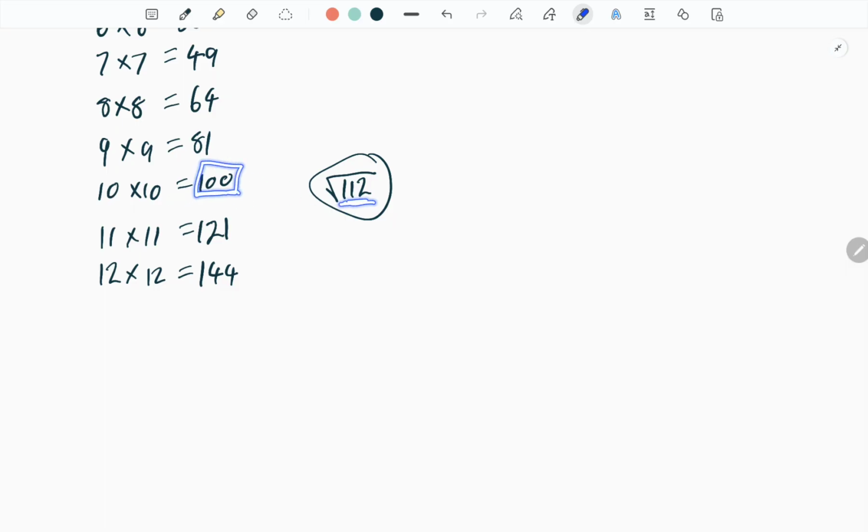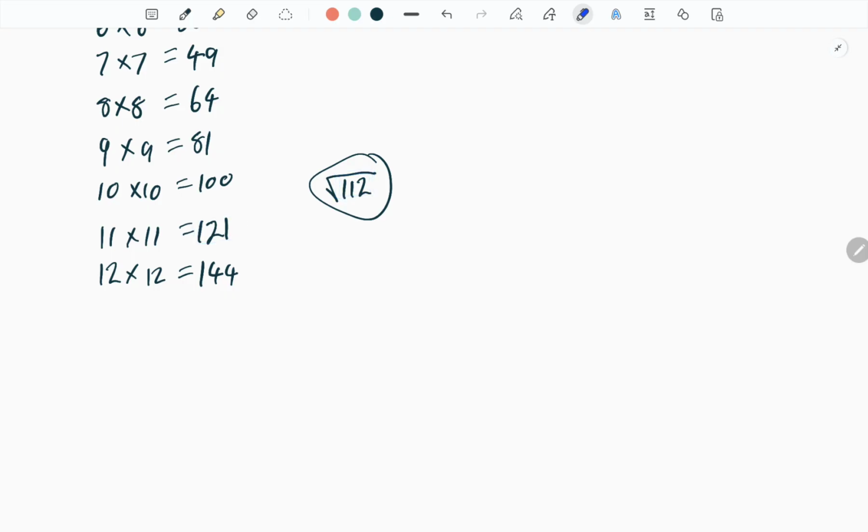Okay, that's the first thing. And then again, 112 is less than 121. So 112 is greater than 100, but 112 is less than 121.